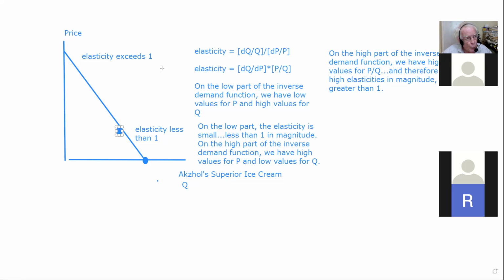So consider a point like A. At A, the elasticity is small. And therefore, as we increase the price, consumers will not cut back on purchases from OXXO very much. Revenues will rise.